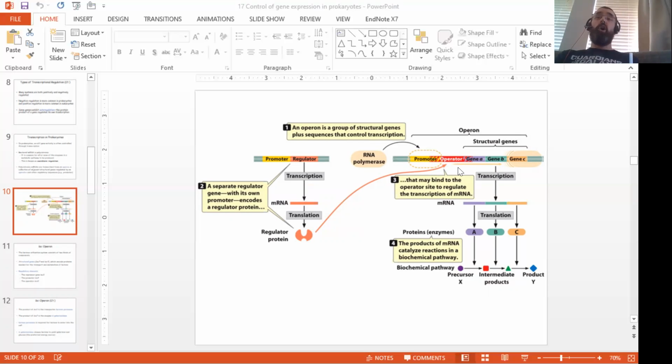You have an operator, which is your regulatory region, and is typically where repressors or inducers bind. And then you have a promoter, which is where your RNA polymerase binds. That's where your TATA box is, essentially.